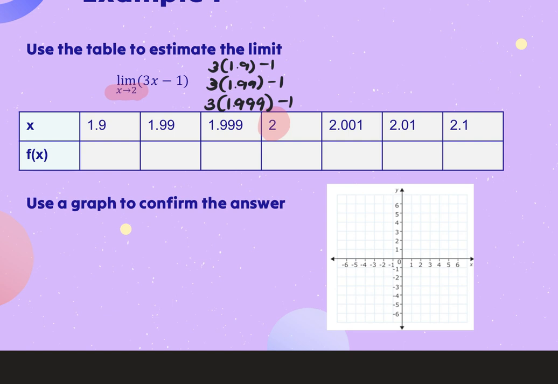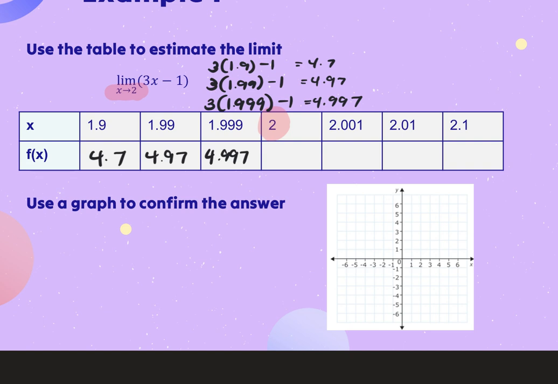3 times 1.9 minus 1, and I get 4.7. 3 times 1.99 minus 1, and I get 4.97. 3 times 1.999 minus 1, and I get 4.997.